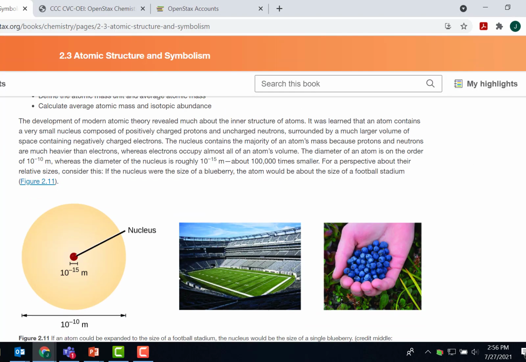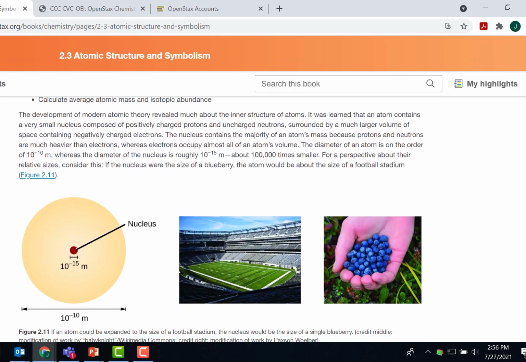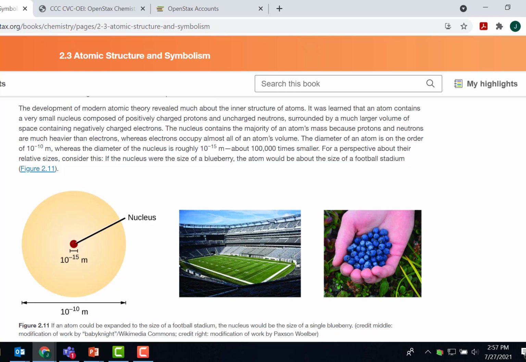So you might remember in the last section, we sort of ended by talking about these experiments, and that the nucleus was very massive and the rest of it was empty. So this is an example of just how extreme that is.